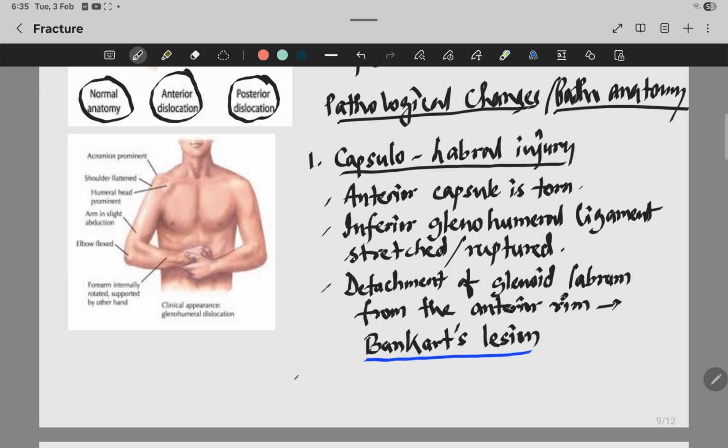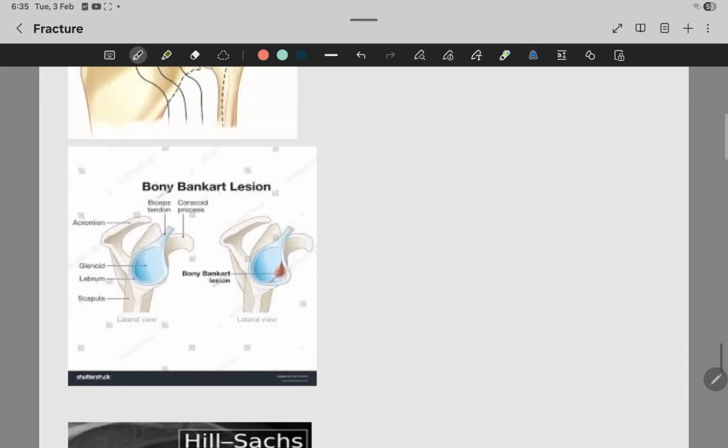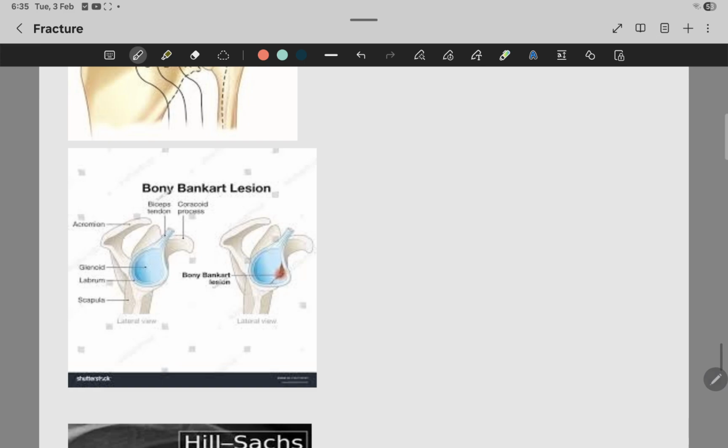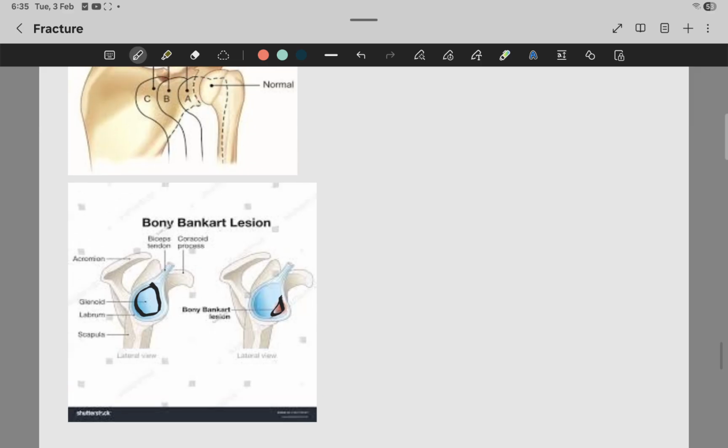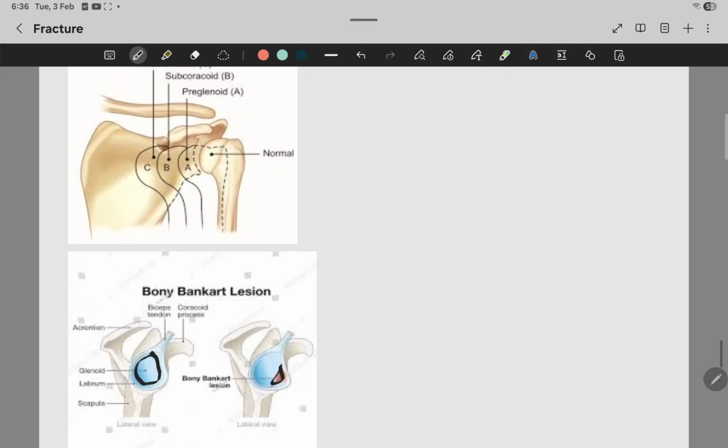See, this is the Bankart's lesion. This one is the normal labrum, and this is the torn labrum, that is known as the Bankart's lesion. Okay. This is the glenoid cavity.